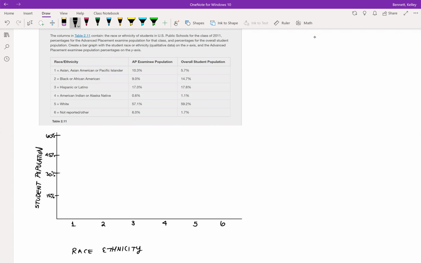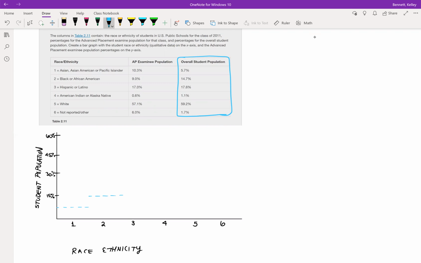So for overall student population, let's make this one blue. Our overall student population for Asian American or Pacific Islander is about 5.7%, so it's roughly a third. That'll be about right here. Then for 2, Black or African American, that was 14.7, really close to 15, so I'll draw a dotted line here. Again, I'm just drawing guidelines for myself that will help me draw my rectangles.